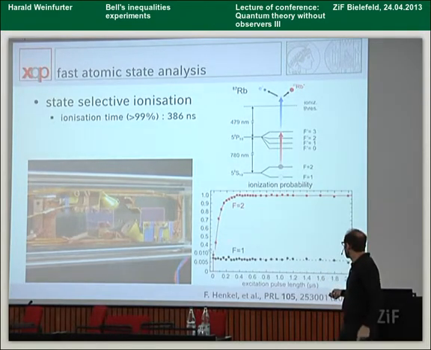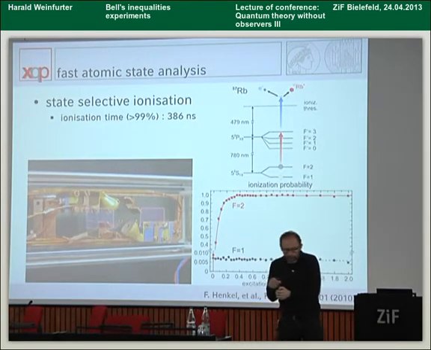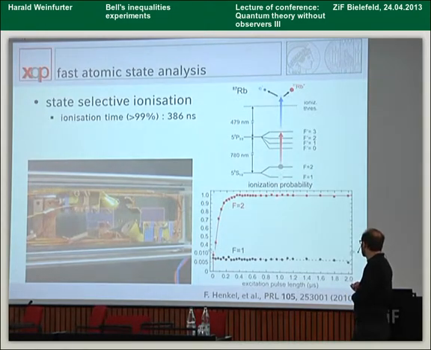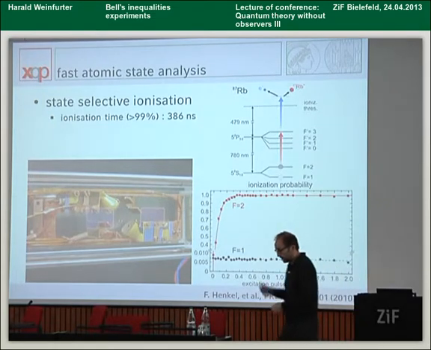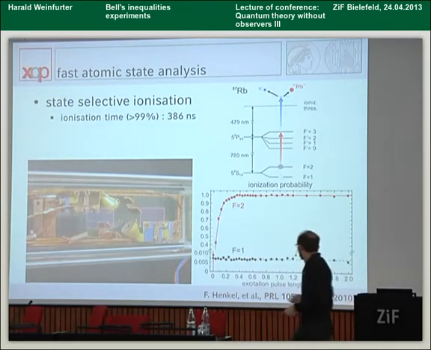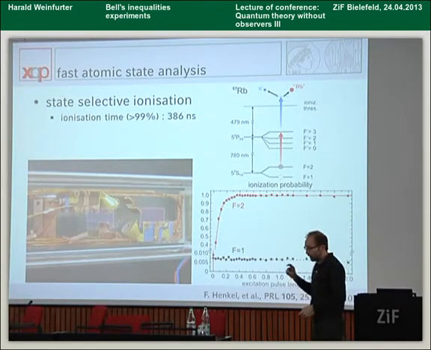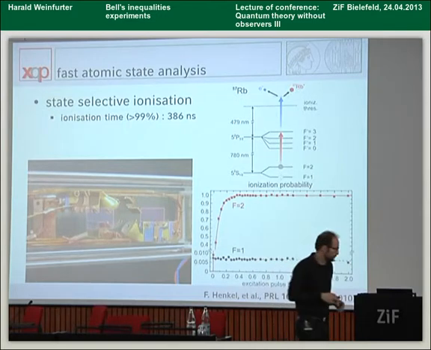If the atom is in state f equals 1, then we have hardly any excitation. It's below 1% ionization probability, on the order of 6 per mil only. And we get higher than 99% ionization probability within about 300 nanoseconds. We now have a better laser system, so we are down at about 250 nanoseconds now.